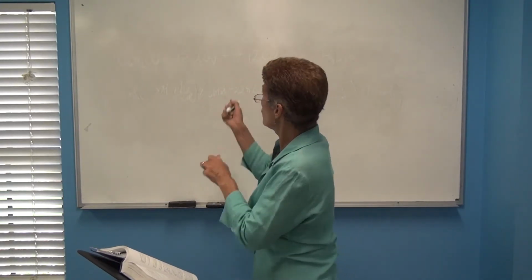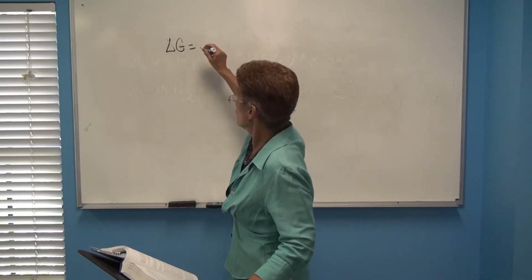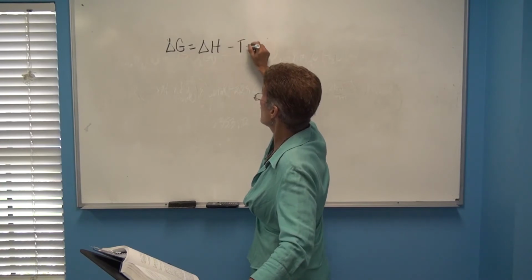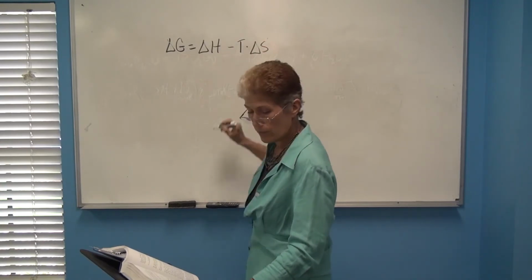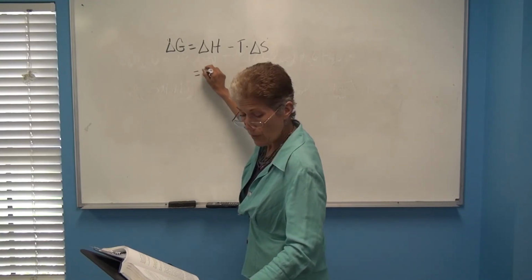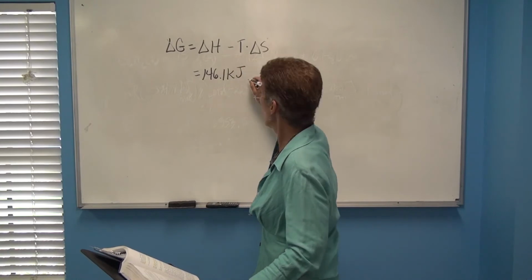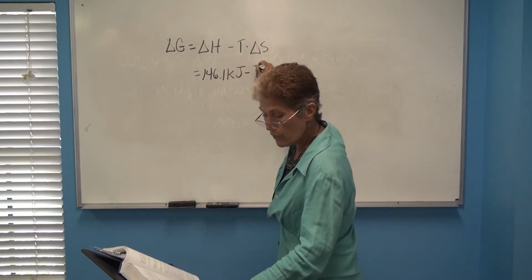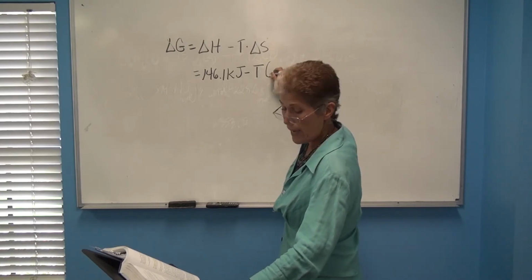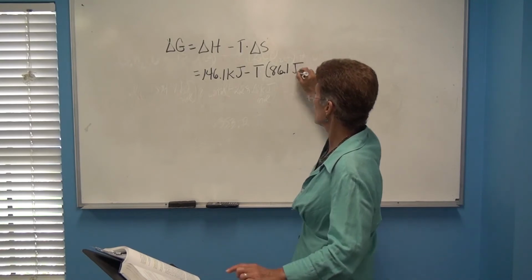We're going to use delta G equals the enthalpy minus the temperature in Kelvin times delta S. Here we are given 146.1 kilojoules minus, we're looking for the temperature at which this could possibly be spontaneous, times 86.1 joules per Kelvin.